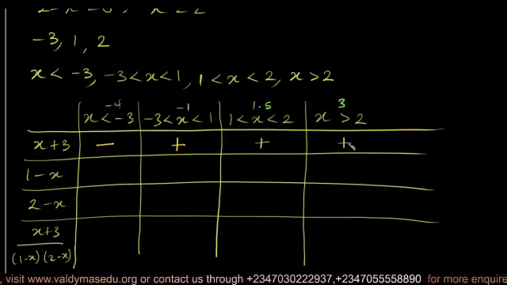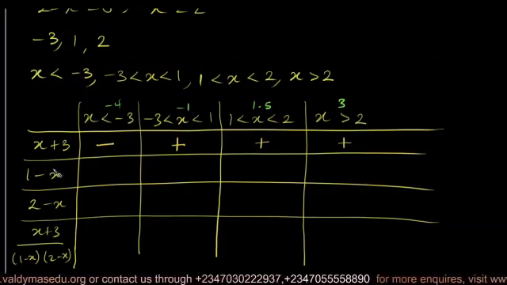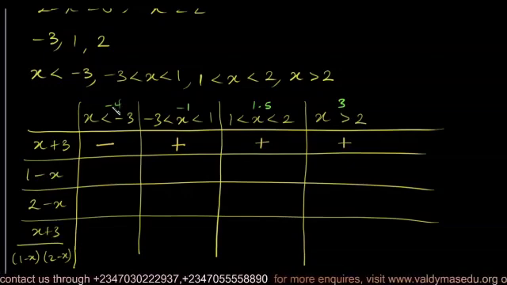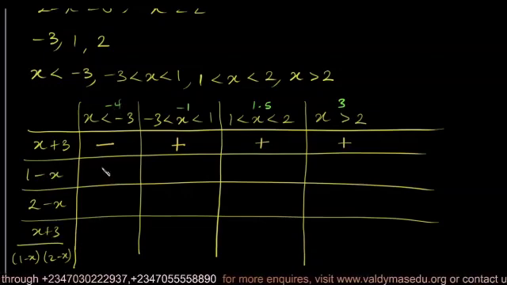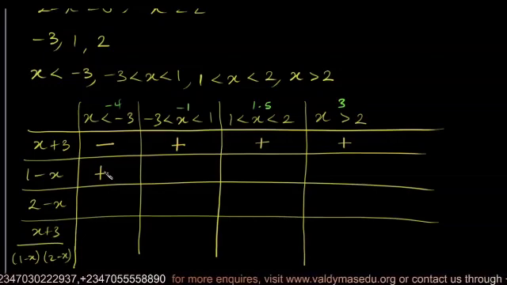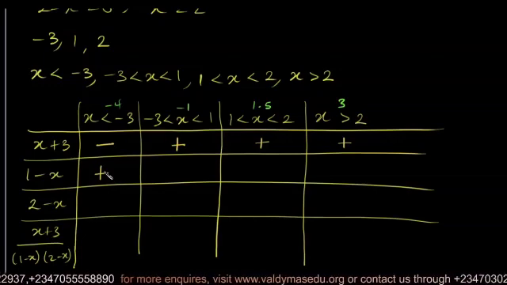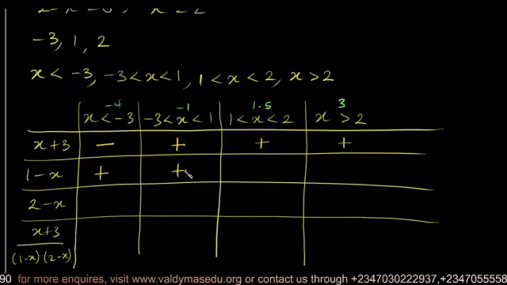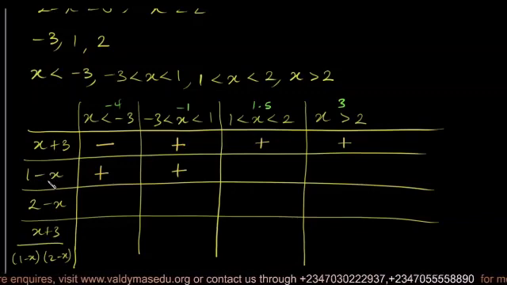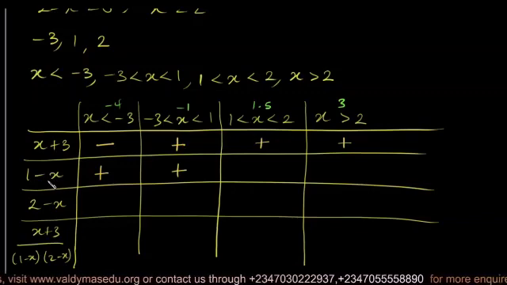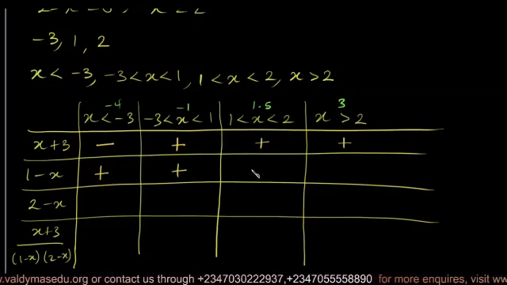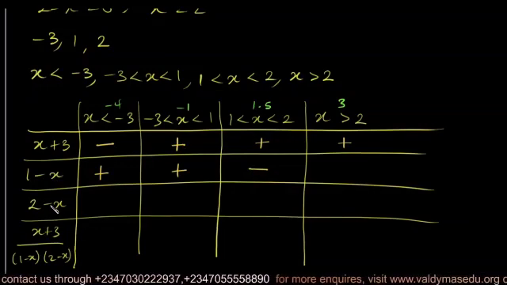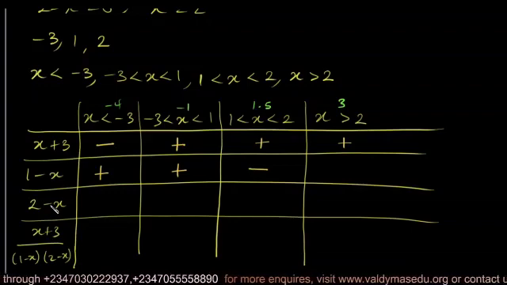Then the next row, 1 minus x when x is minus 4 will give you a positive answer. 1 minus x when x is minus 1 will give you a positive answer. Then 1 minus x when x is 1.5 will give you a negative answer. Then 1 minus x when x is 3 will give you a negative answer.